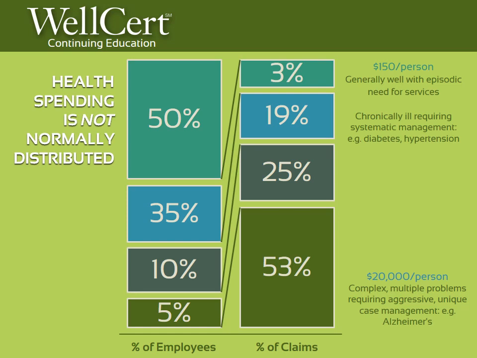If you look at the other groups, the next 10%, the next 35%, and the next 50%, they in fact use and utilize a progressively smaller portion of the claims cost. So the next 10% after that 5% of heavy users or high users would perhaps use about 25% of all the claims dollars.